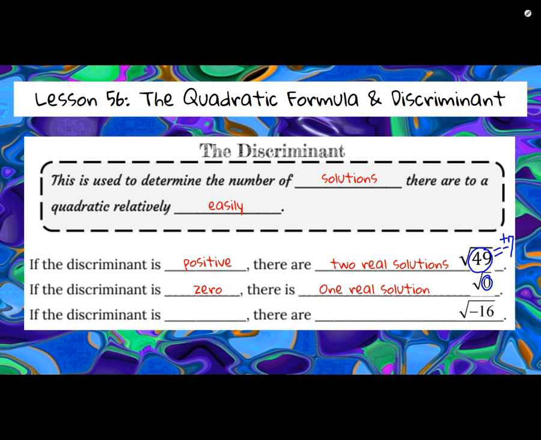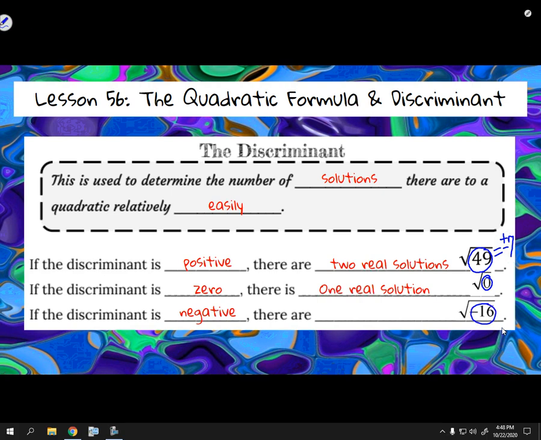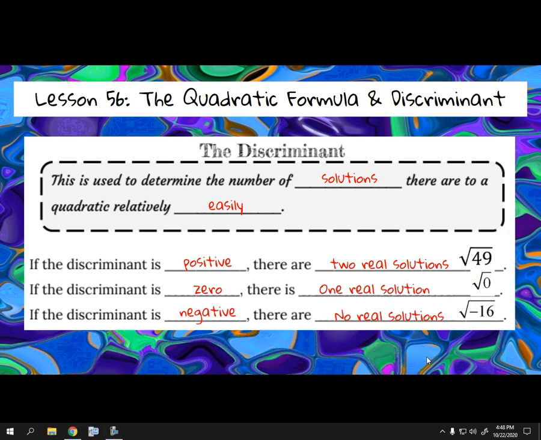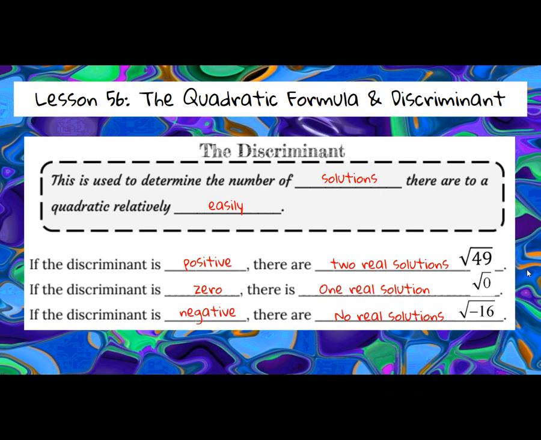You do not get a positive 0 and a negative 0. It's just 0. And if the discriminant is negative, so we're looking at the number underneath the square root, in this case a negative 16, there are no real solutions. So all of this is about the pieces underneath the square root determining how many solutions we have.